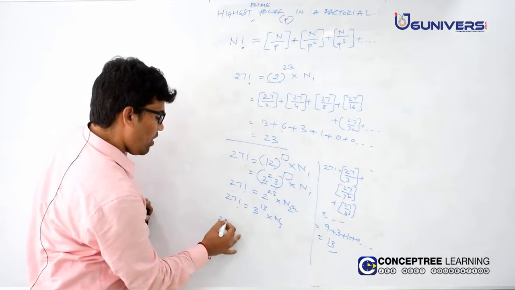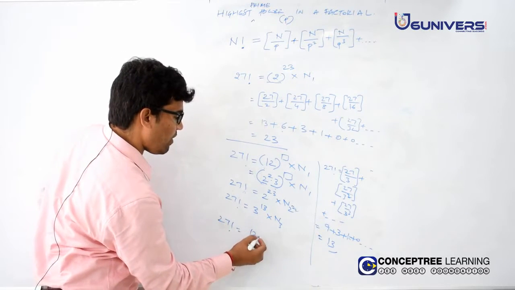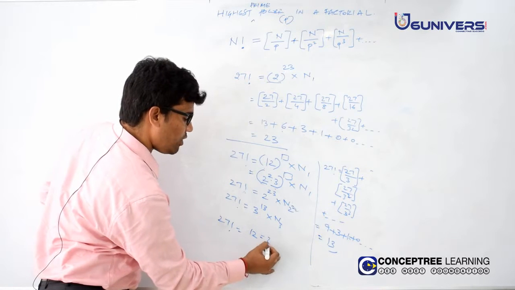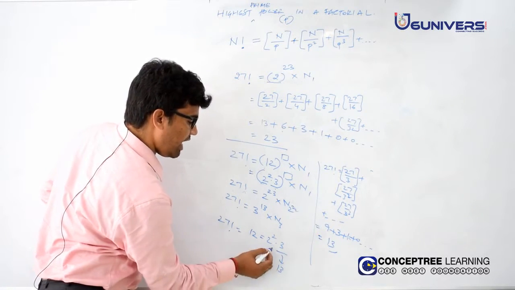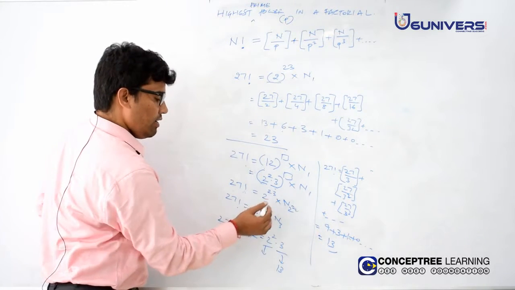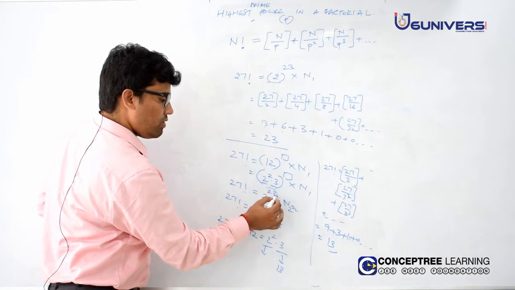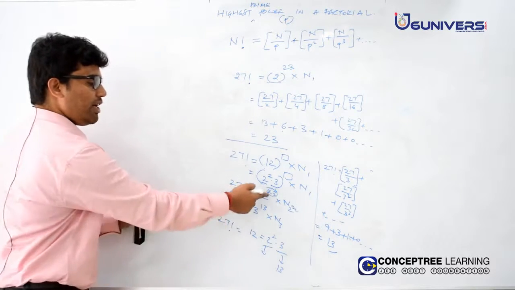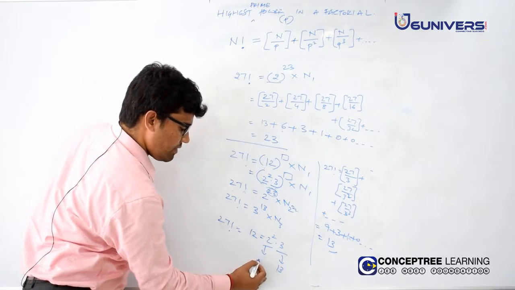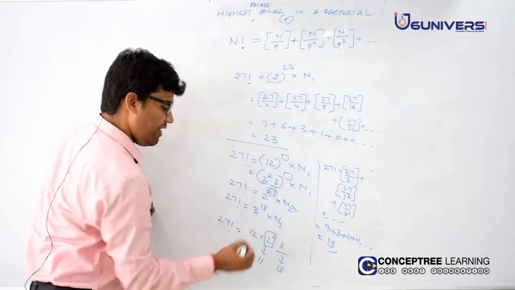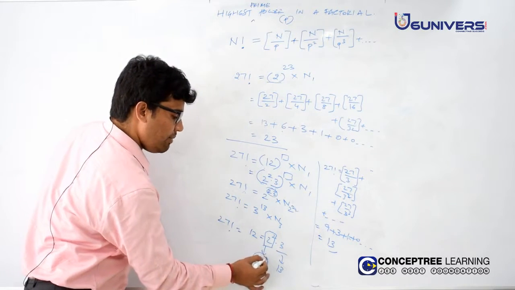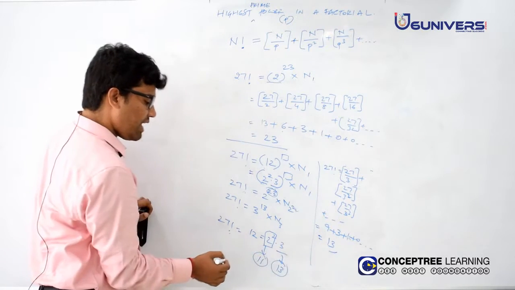Now in order to figure out how many 12s you can make out of it. To make a 12 you need a 2 square and you need a 3. There are 13 3s that are available, and how many 2 squares are available? Because there are 23 2s available, you can say there are about 11 2 squares that are available. So there are 11 2 squares and 13 3s that are available.